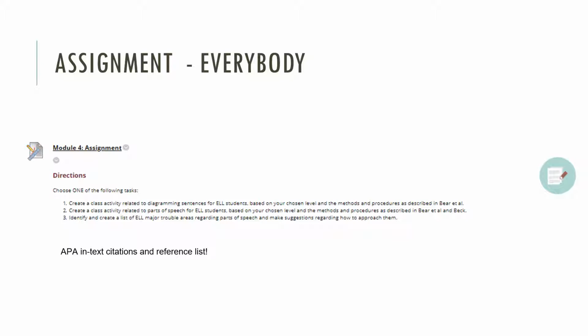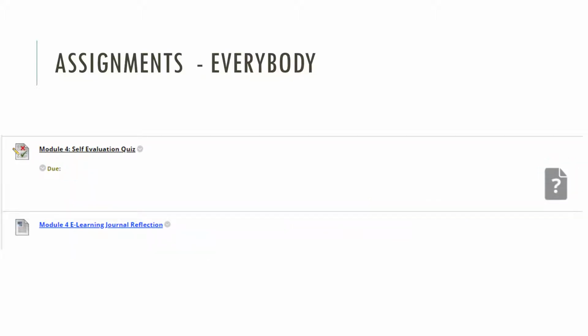And I have explained that in the assignment description in the module folder. Please remember with the assignments to include a reference list and in-text citations to the coursework, and then also please include that heading. The other assignment for everybody is the self-evaluation quiz and the e-learning journal reflection.